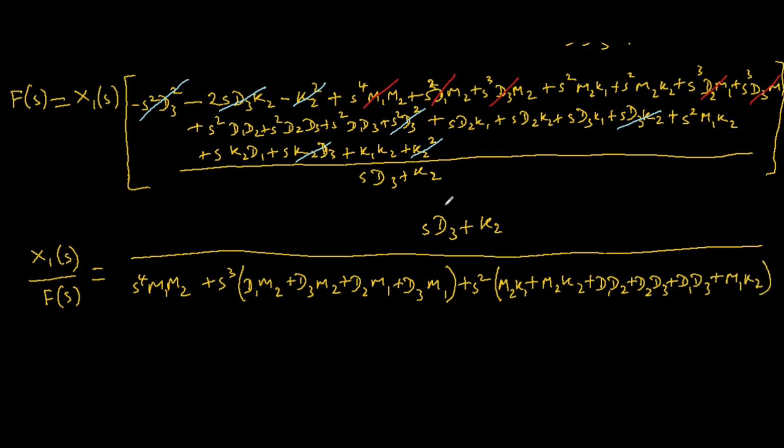So that's 6 terms to cross out here. Let's see, that's 1, 2, 3, 4, 5, and 6.